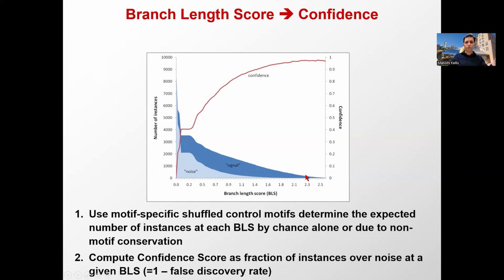The further out you go to the right, the more dark blue there is compared to light blue, and therefore your confidence increases. And when you're out here, your confidence is just very, very low. Because just by chance, a branch length of 0.5 doesn't really tell us much. But a branch length of 2.5 is like, wow, that thing is real.